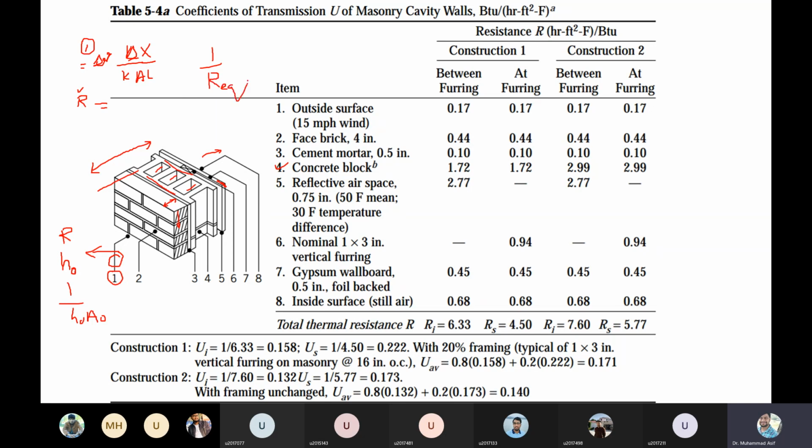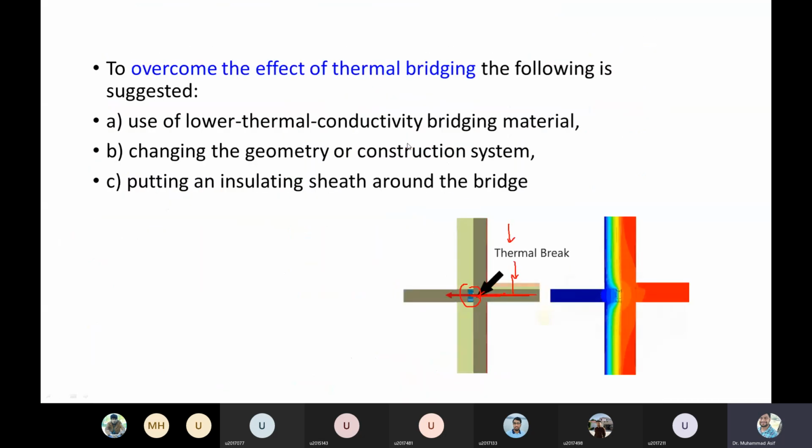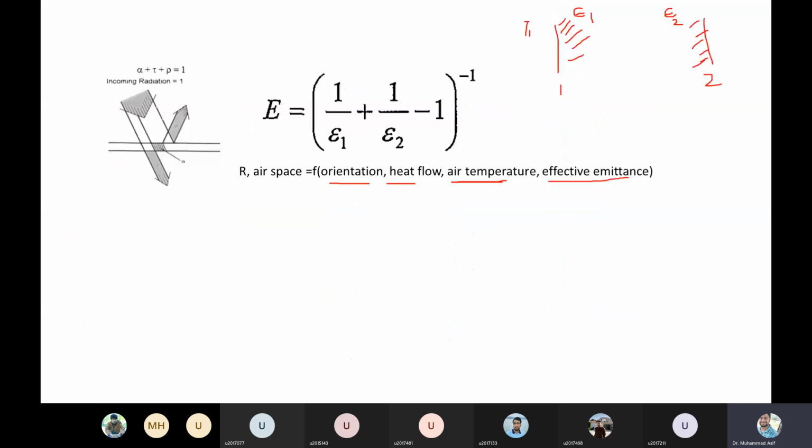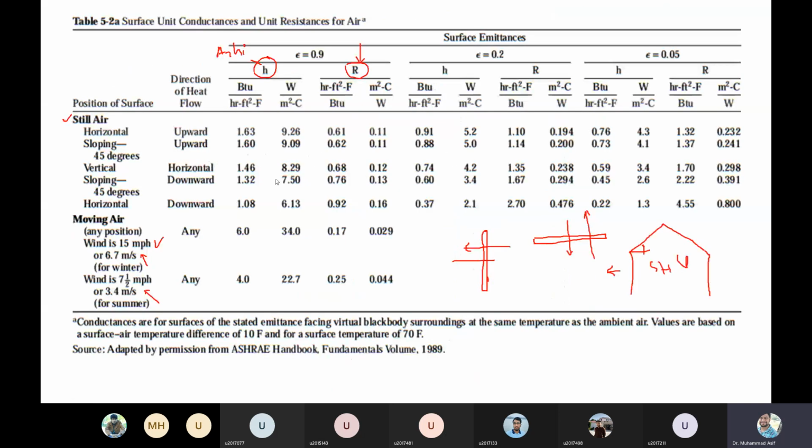Just like in this case, from the previous tables that I showed you, you can get the values of the resistance. For example, let me show you. If the speed is 15 miles per hour, the resistance is 0.17, and we can see it in the previous table, I think maybe not this one, maybe in this way.